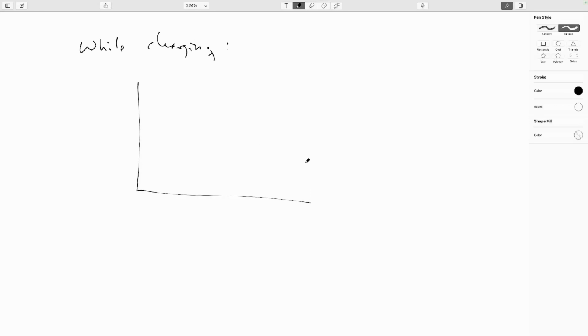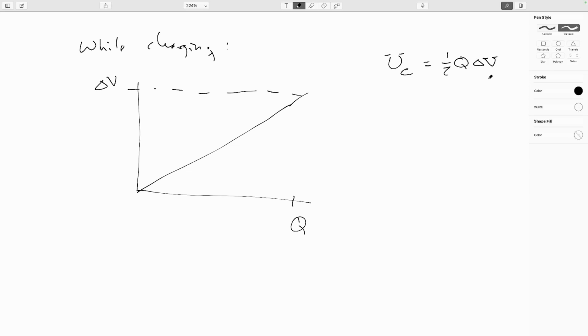If I plot the voltage as a function of charge, and I get to my final charge Q, I'm at my final voltage, delta V there. We can figure out how much energy got stored in the capacitor. So it turns out that the work that we had to do to move all the charges will be 1/2 Q delta V.